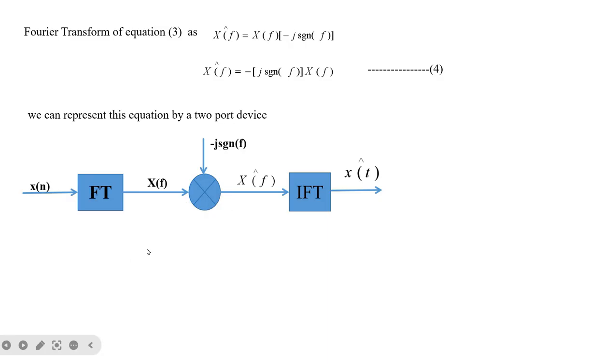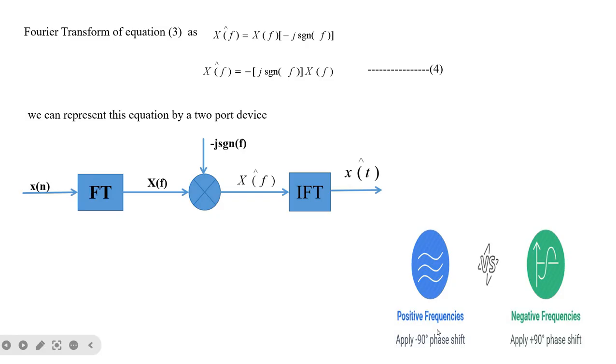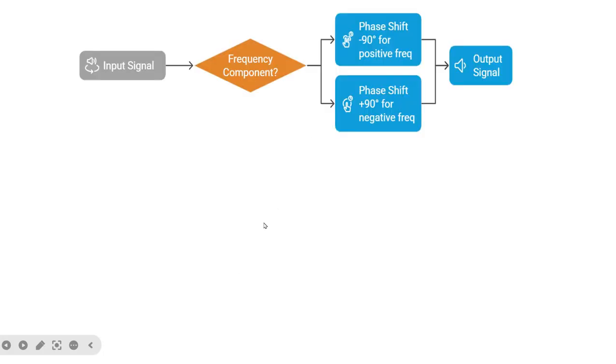So this device is known as a two-port device. Here we have a phase shift of minus 90 degrees for all the positive frequencies, and a phase shift of plus 90 degrees for all the negative frequencies of the input signals. Here is just a pictorial representation of this. We are giving an input signal, we want to find out the frequency component. So there will be a minus 90 degree phase shift for positive frequencies, a plus 90 degree phase shift for negative frequencies, then we'll get the output signal.